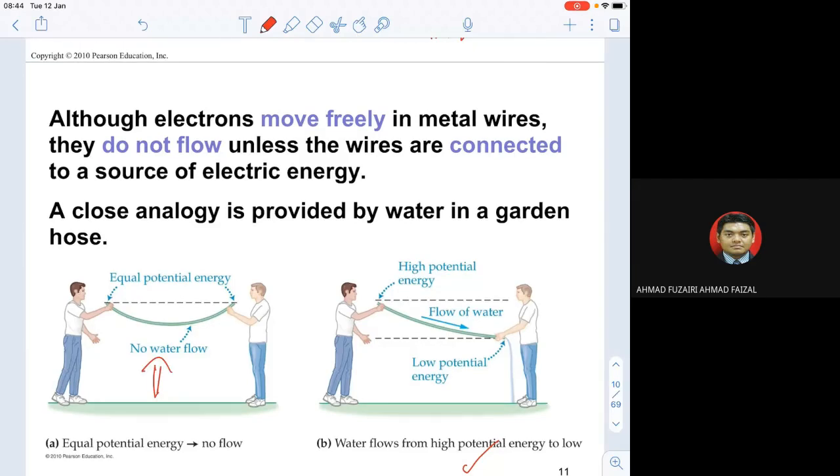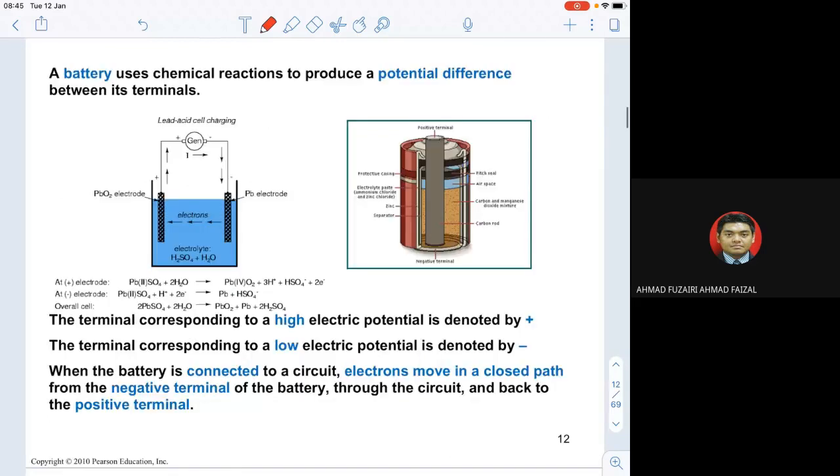We are saying if the potential is the same, there is no electric flow. But the electron will flow if the electric circuit has a high potential energy to low potential energy. So that is a very good analogy for how electrons flow.